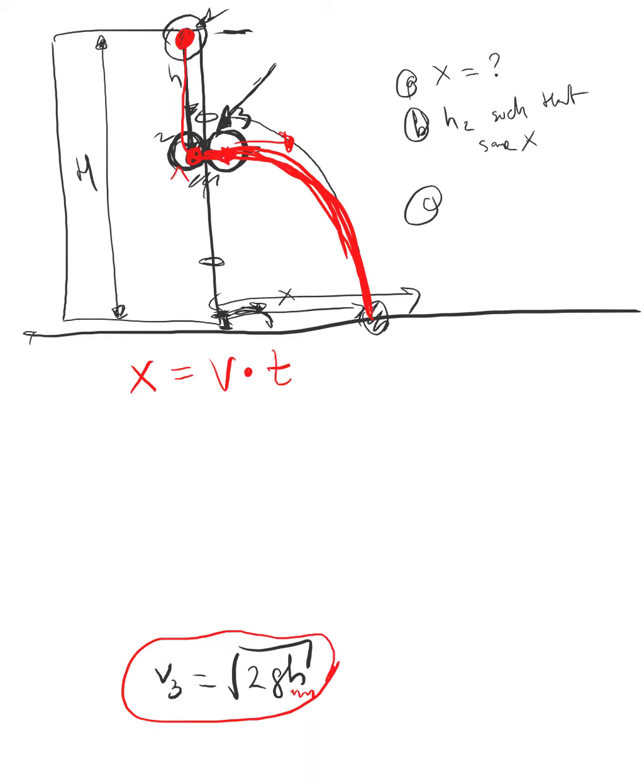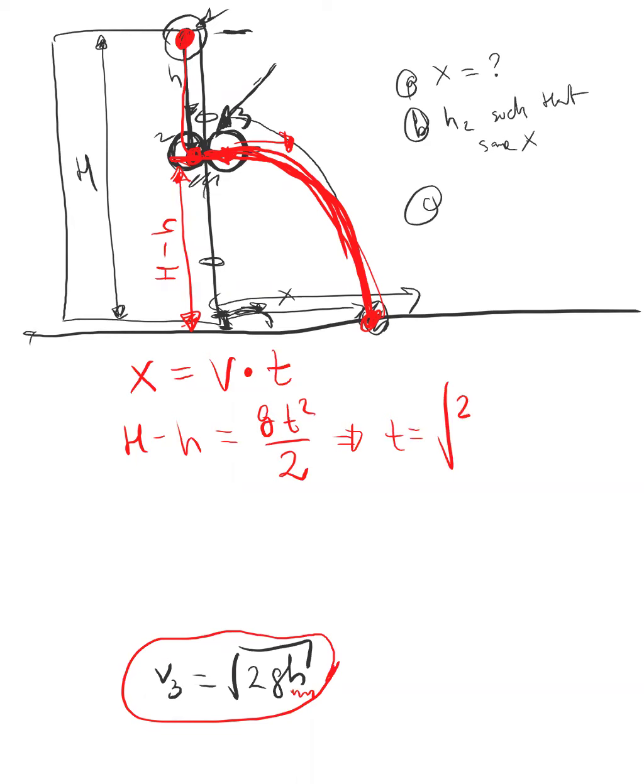And then I also have a vertical motion. So this distance from here to the ground is h capital minus h small. And when I hit the ground, h capital minus h small must be equal to g times t squared divided by 2. So what I will do is I will find my time from here, and it will be the square root of 2 times h capital minus h small divided by g.